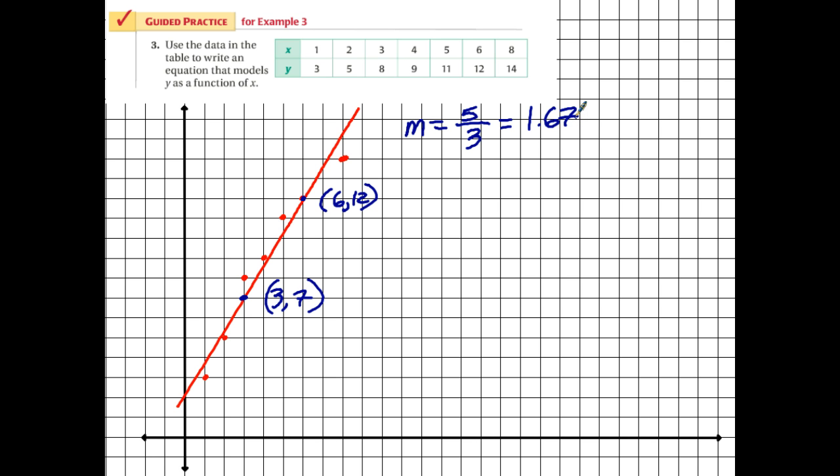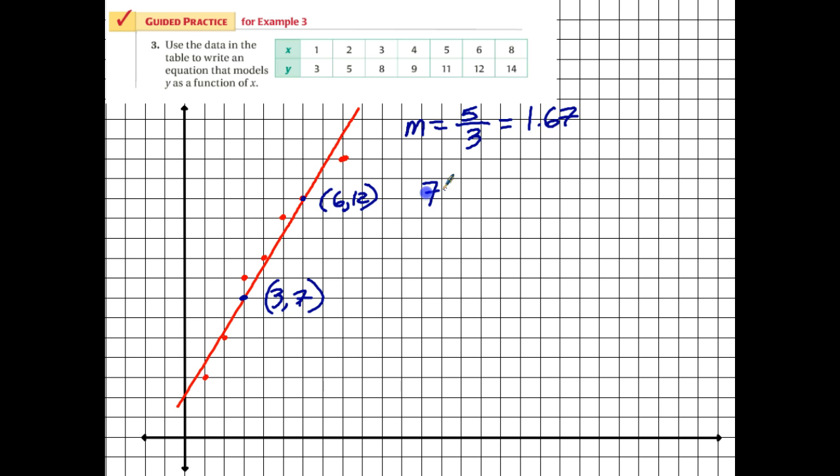So now I'm going to find my y-intercept. So let's go ahead and we'll do y equals. Whoops. So let's use this point. Okay.